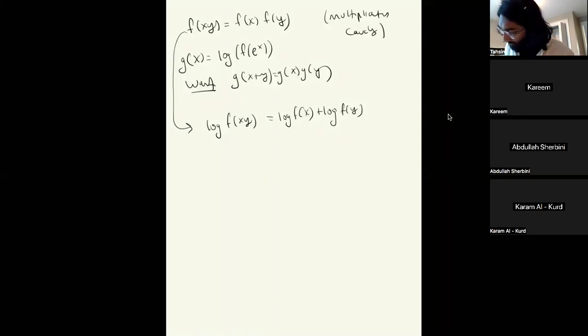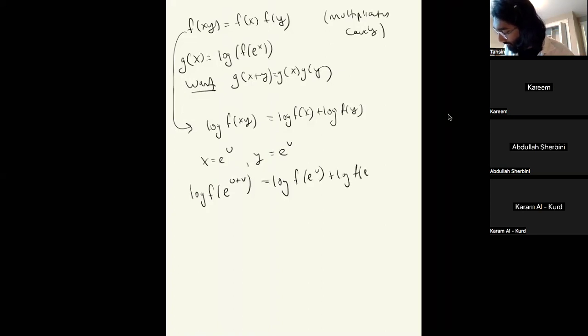Let's write x equals e to the u, y equals e to the v: log of f of e to the u plus v equals log of f of e to the u plus log of f of e to the v. And so this is saying g of u plus v equals g of u plus g of v.